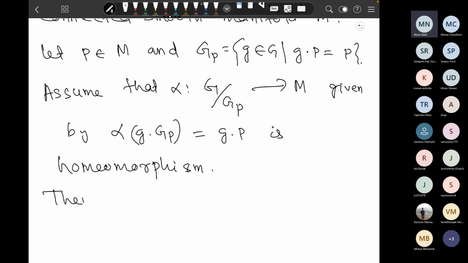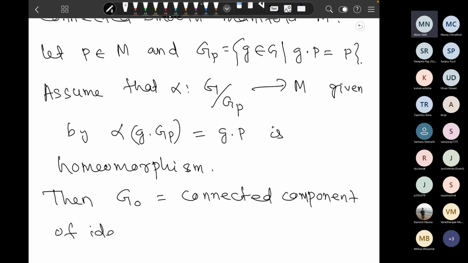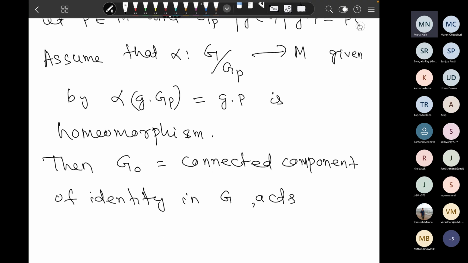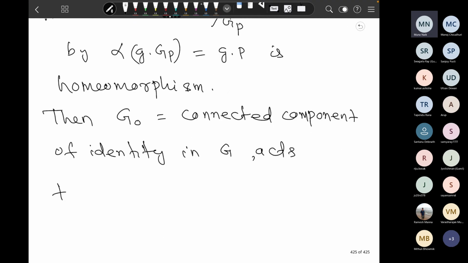Then G naught, the connected component of the identity in G, acts transitively on M.